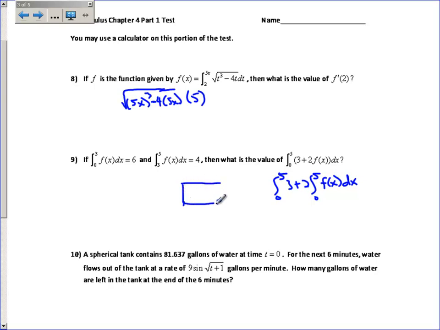It makes a little rectangle, and that area in there is 15, or you just do b minus a times that function value. So this is 15 plus 2 times the integral from 0 to 5. The integral from 0 to 5 is going to be the summation of these two integrals. So from 0 to 5, that integral is 10. And so that answer is 35.